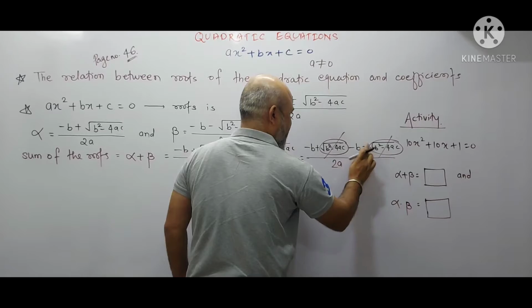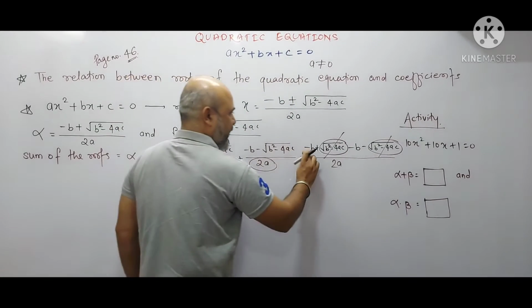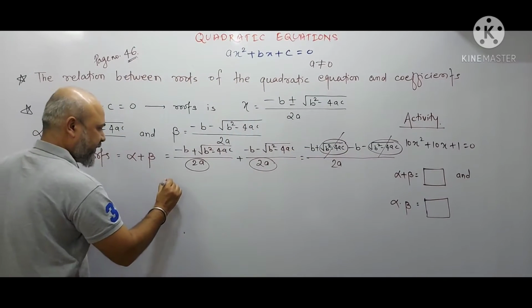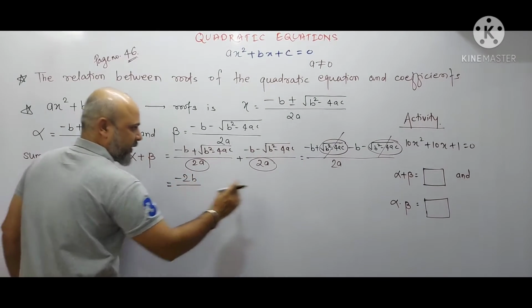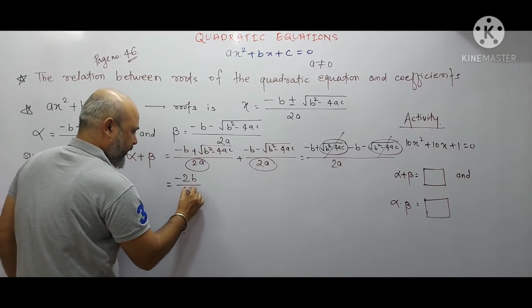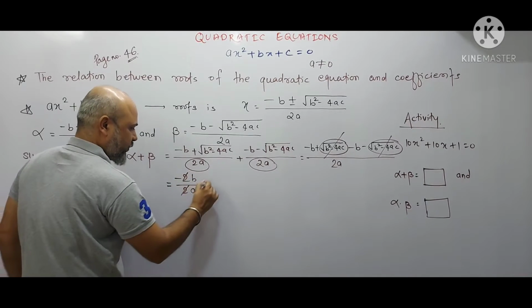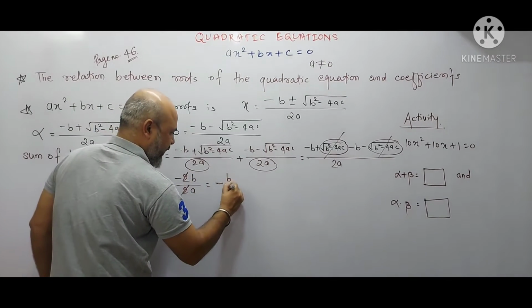This one is plus and this one is minus. Now what will we get? Minus b, minus b, this will be −2b divided by 2a. Now you will cancel out this 2 with this 2, so you will get −b/a.